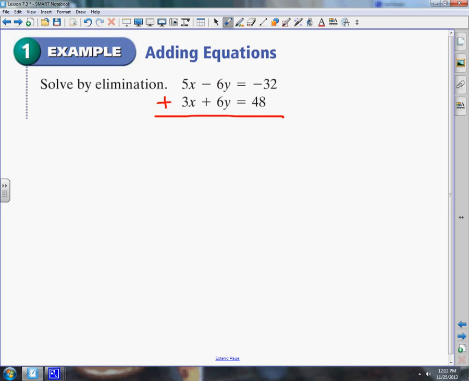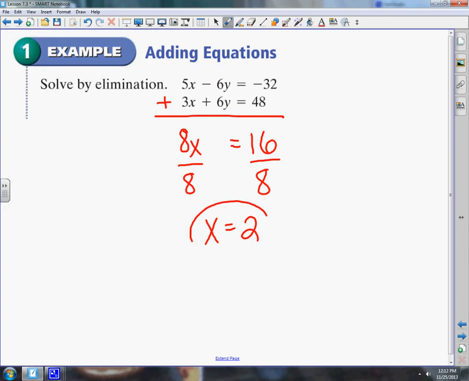You line them up and add down. If I add 5x and 3x, I get 8x. Negative 6y plus 6y is 0. I bring down my equal sign. Then negative 32 and 48 equals a positive 16. Then I divide by 8, so x equals 2.